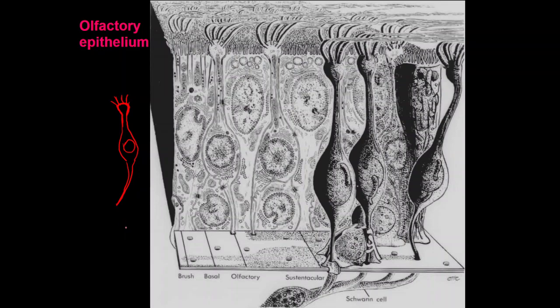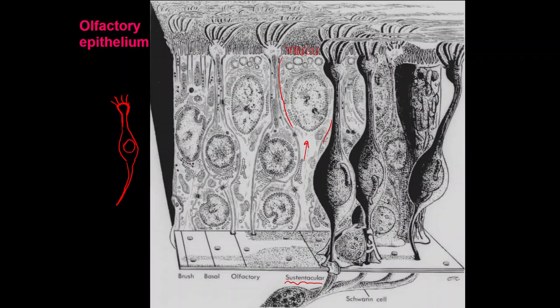This olfactory epithelium is not just composed of these olfactory cells, but there are also sustentacular cells. They are like helper cells. They look like this, helper cells with microvilli on their surface. Yes, so they have microvilli.